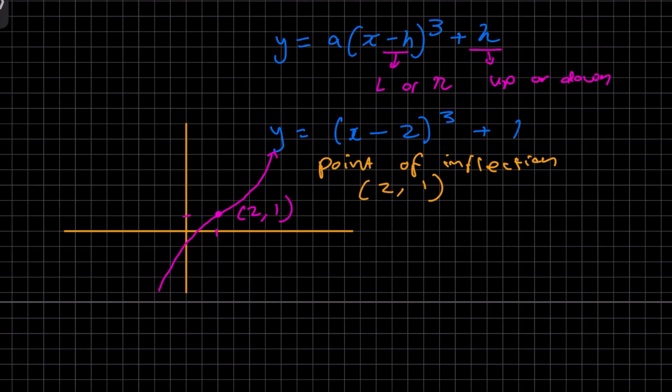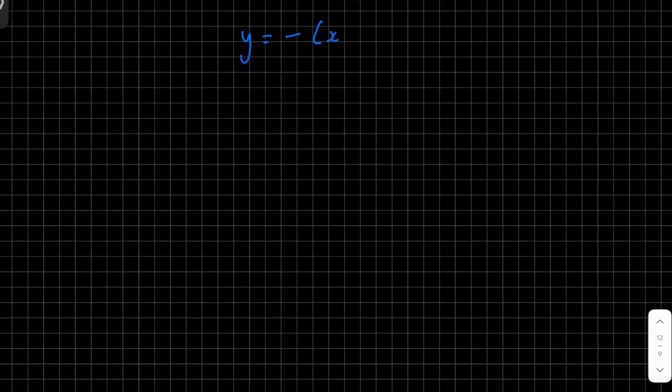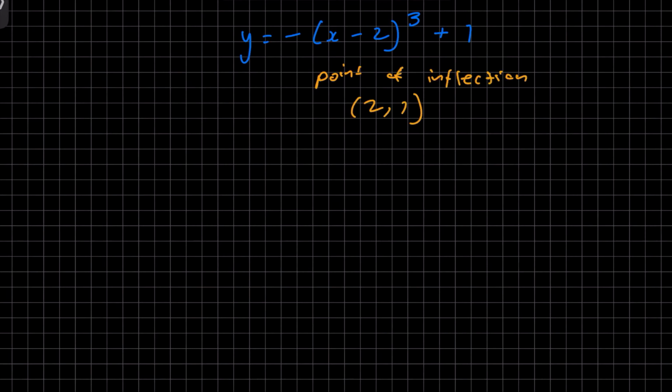Now, say we had a negative out the front over here. So instead of having y equals x minus 2 to the power of 3 plus 1, we've got y equals minus x minus 2 to the power of 3 plus 1. What this would do is just make our graph slope downwards instead of upwards. So your point of inflection will still be at 2, 1, but the shape of your graph would change.